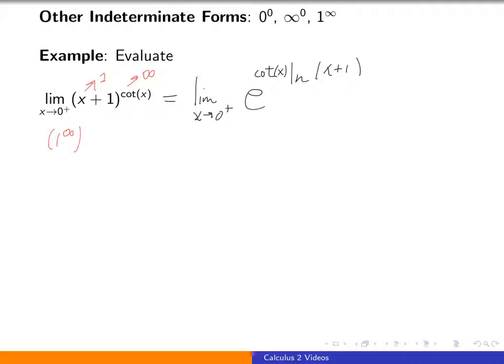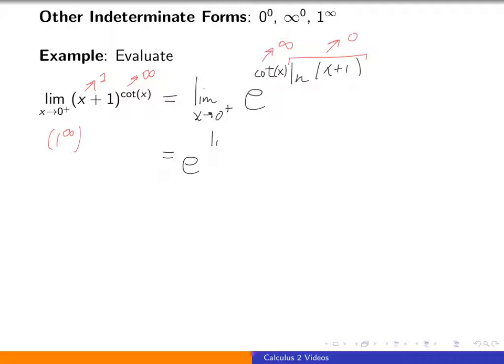So now, if we think about x approaching 0 from the right, cotangent is going to infinity, and the natural log of x plus 1, since x plus 1 is going to 1, the natural log of 1 is 0. So it's of this type infinity times 0, and we know a simple algebraic manipulation will get us to the desired point.